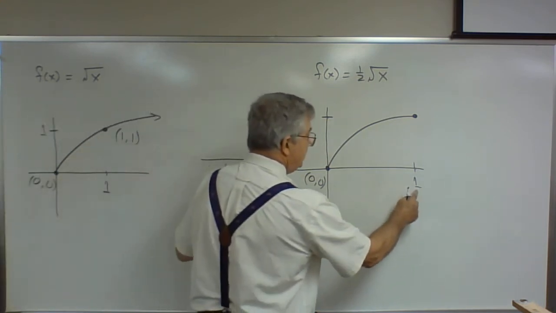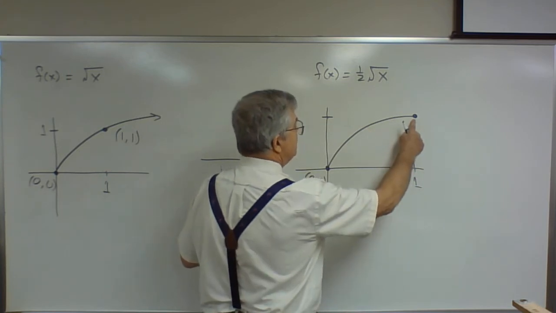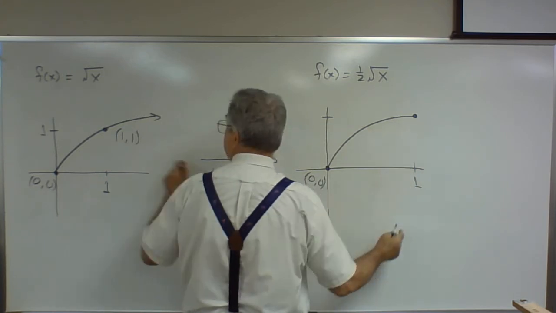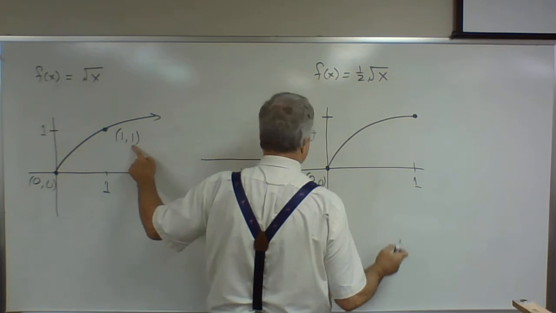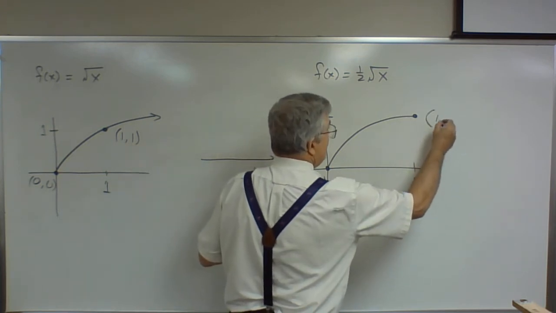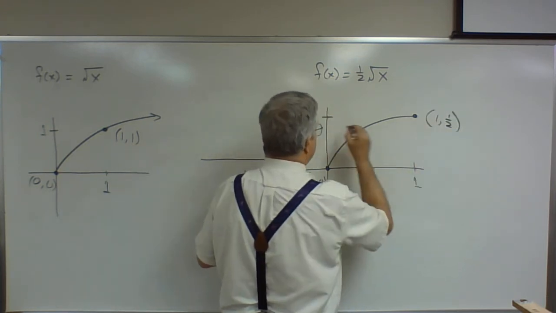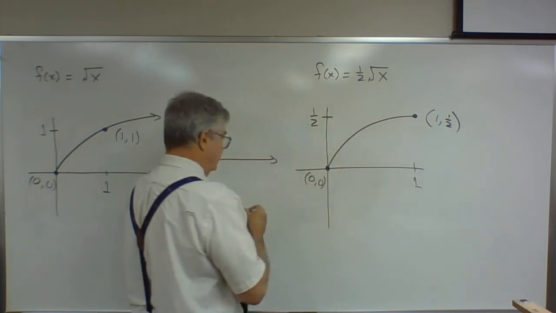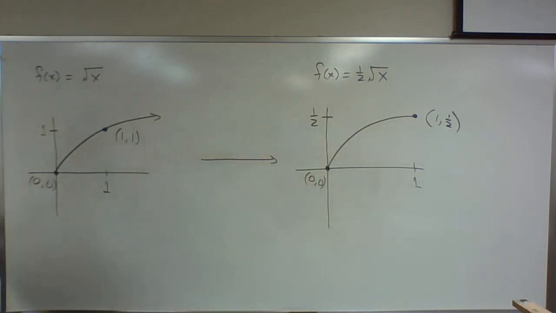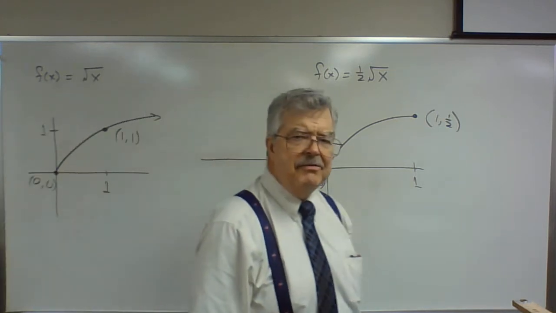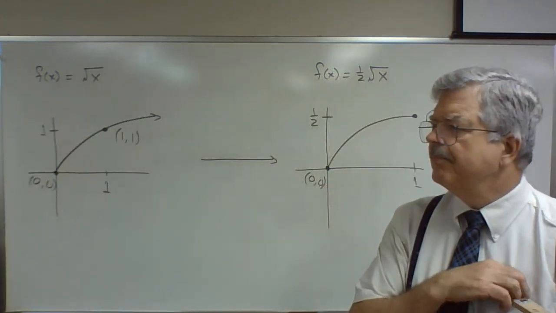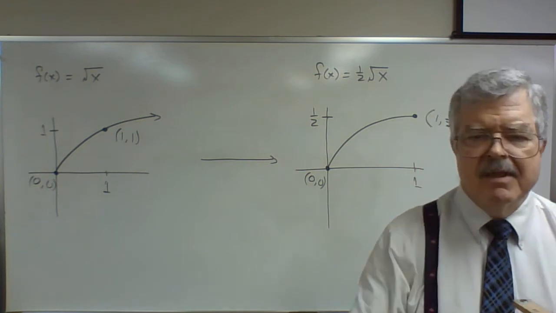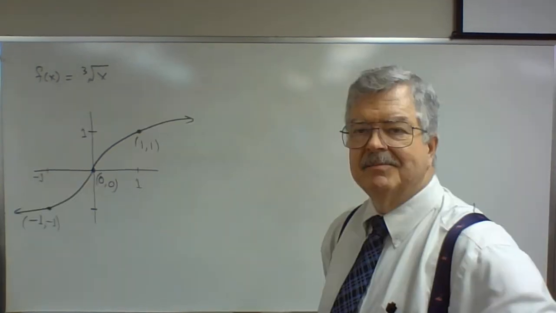So over here the y coordinate is going to be 1/2 the y coordinate here. So the y coordinate will be 1/2. This is going rather smoothly. Let's do one more.